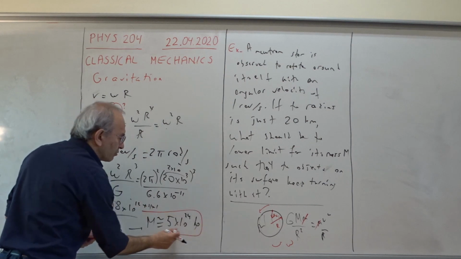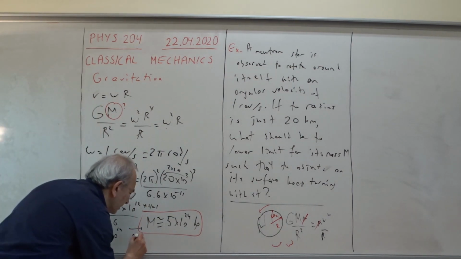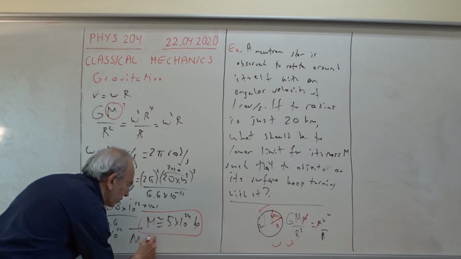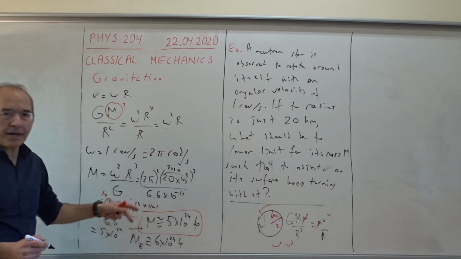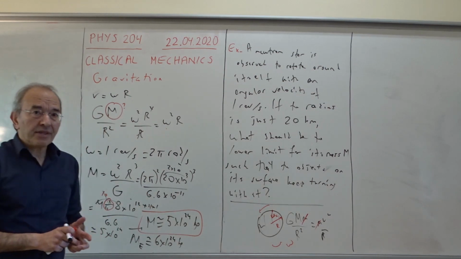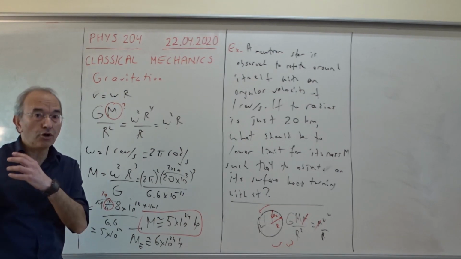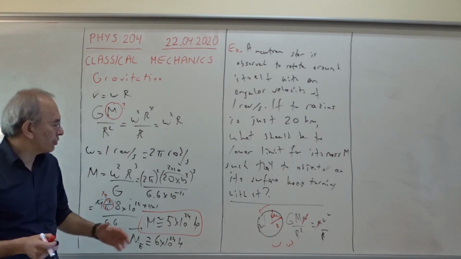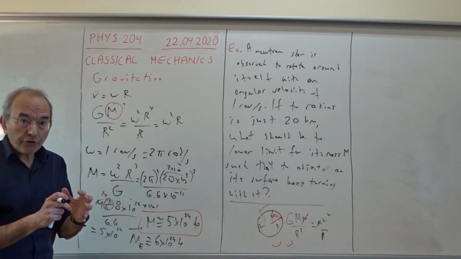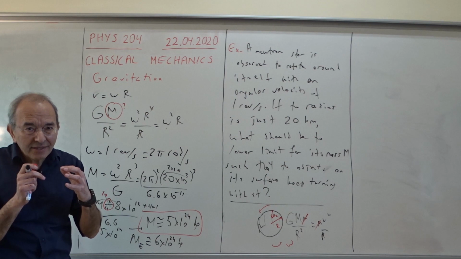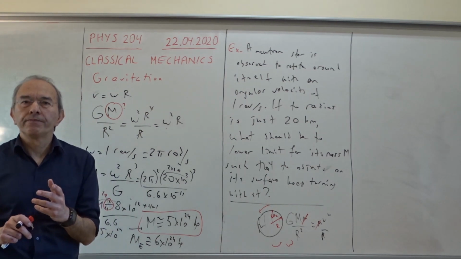If you remember the mass of the Earth, it is approximately 6 times 10 to the 4 kilograms. It's quite comparable. An object having almost 80% of the mass of the Earth should be compressed to a radius of just 20 kilometers.